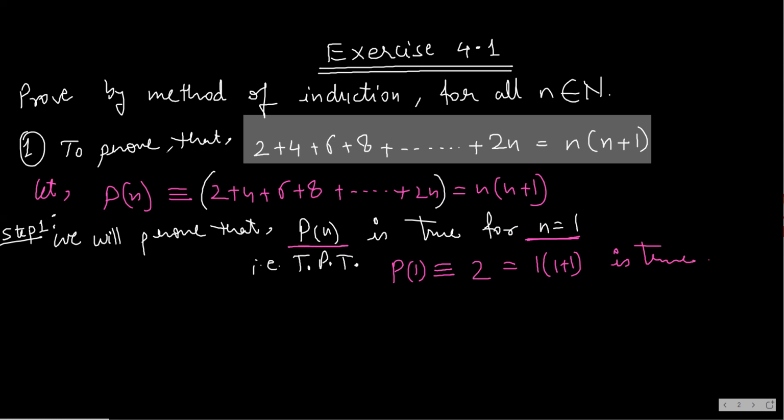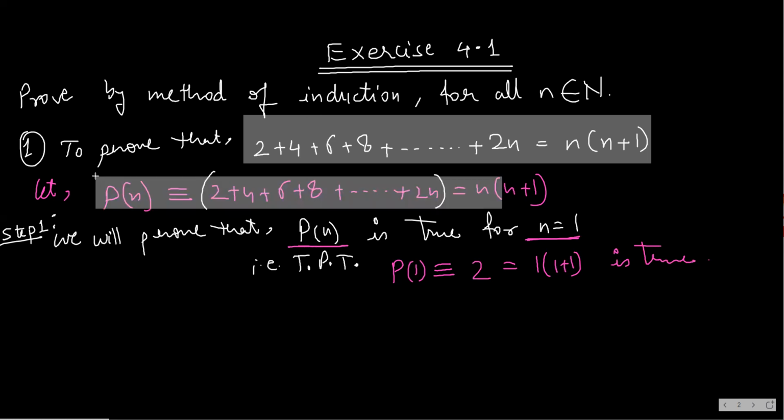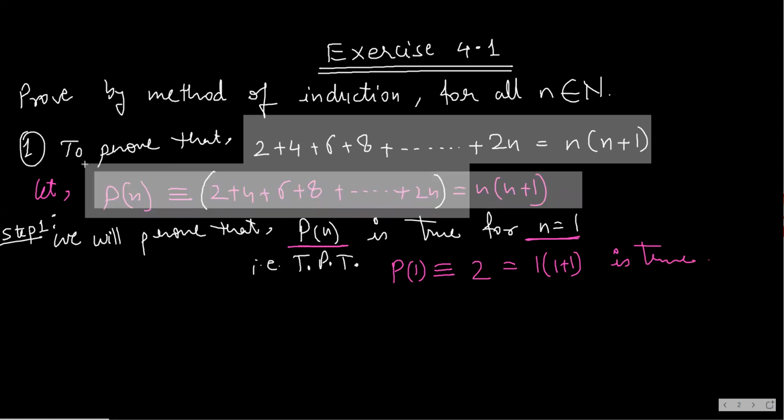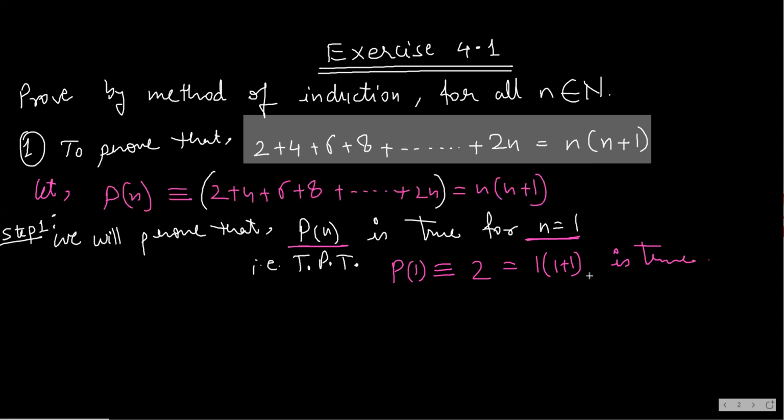Now here you have the proposition. If you want to prove P of n is true for n equals 1, it means you have to prove that this is true for n equals 1.